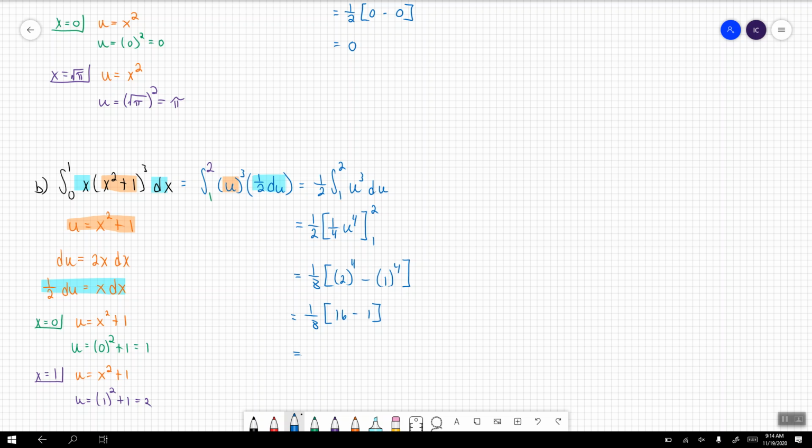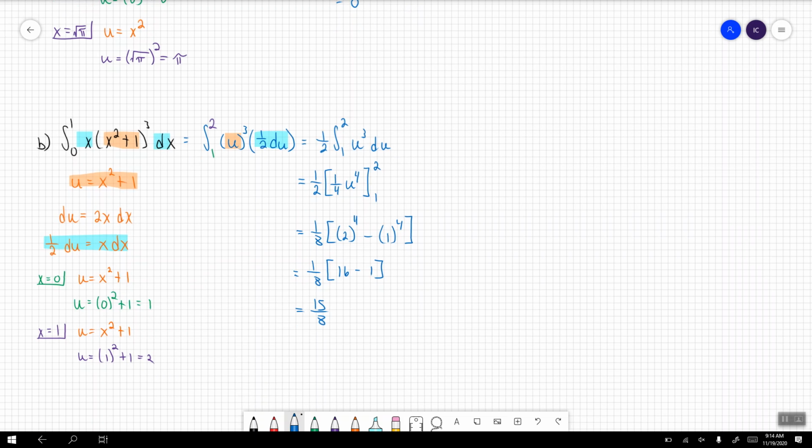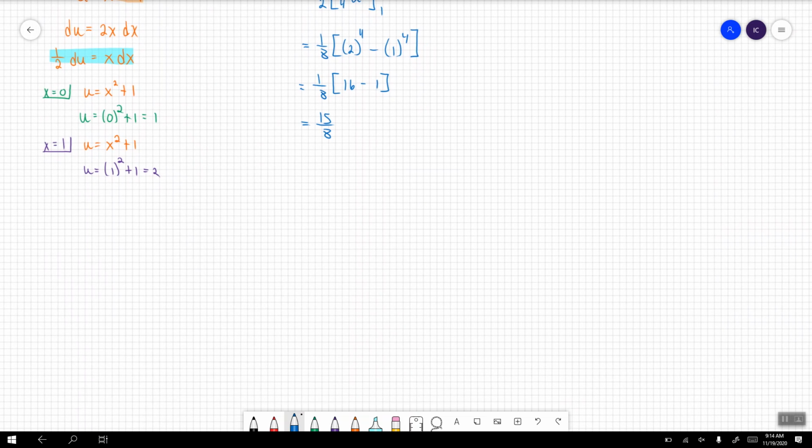So our answer is going to be 15/8. And there we are. That's all we need to do. That looks perfect. Awesome. So let's talk about a different type of substitution, one that will require a little bit more work for us to do whenever we're talking about substitution.